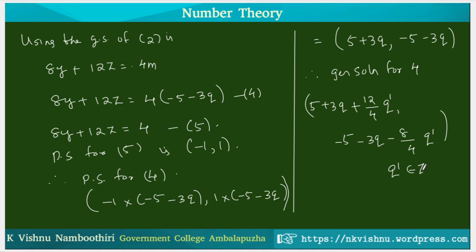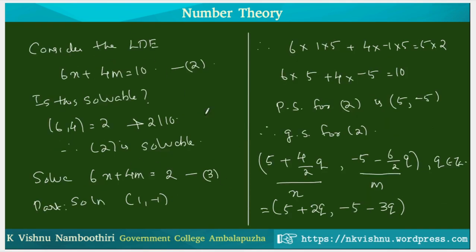If you simplify, you get 5 plus 3q plus 3q dash, and minus 5 minus 3q minus 2q dash. So this is our y, this is our z.